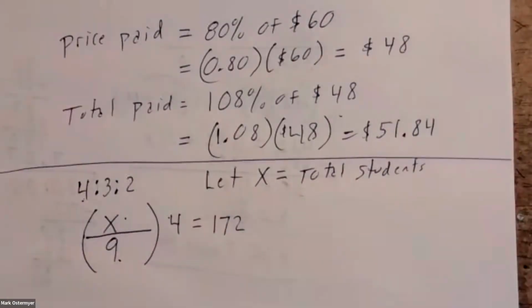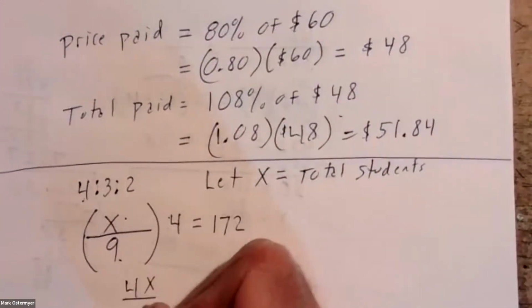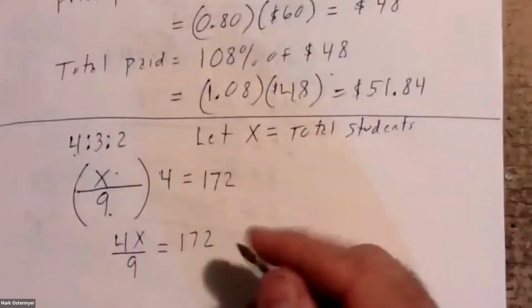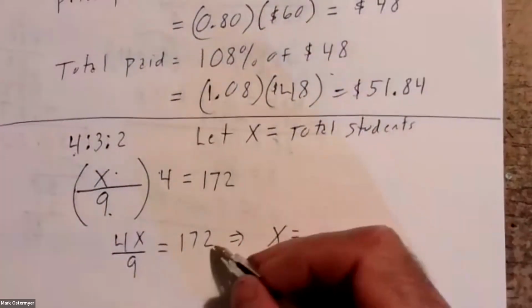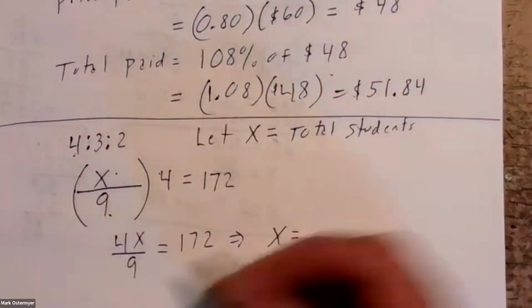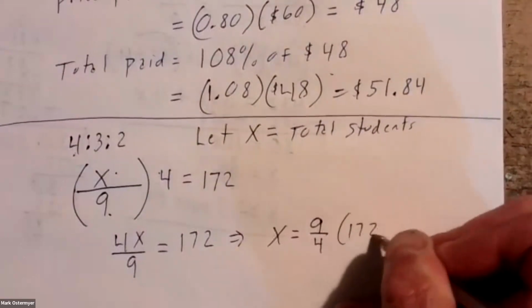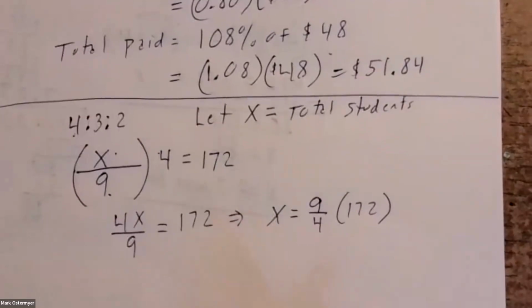Now we have to solve for X. We have 4X over 9 equals 172. How do we solve for X? We multiply both sides of our equation by 9/4. Do you see why it's 9/4?